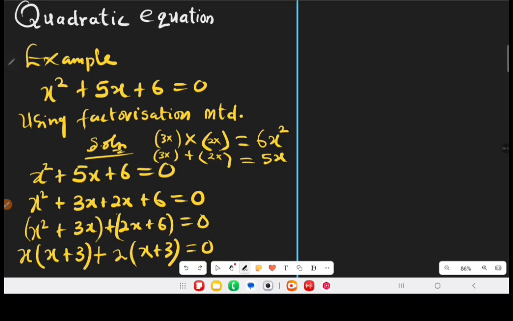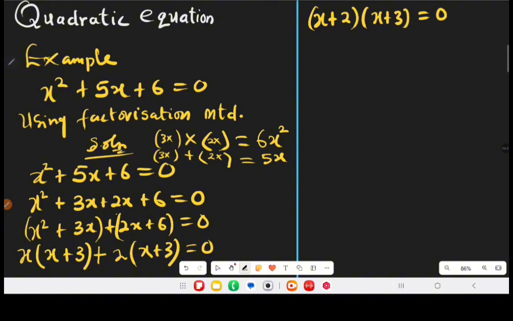We look at this expression and discover that the brackets are equal. So we pick one bracket, and we pick what is outside the bracket, which is x plus 2, and x plus 3 equals 0.